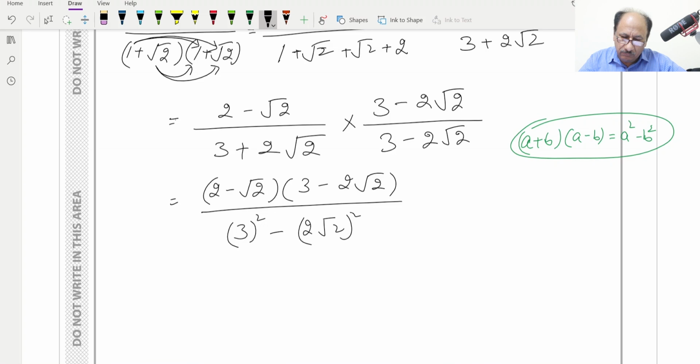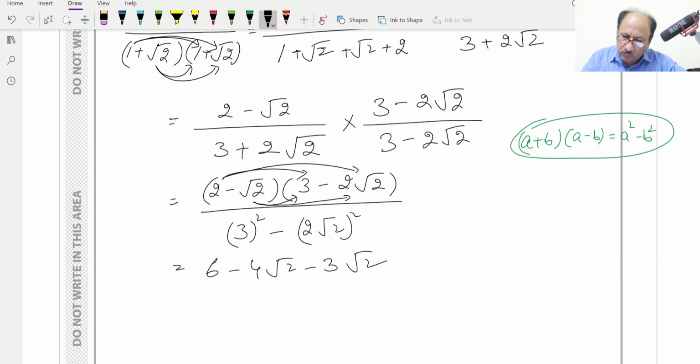Now we can multiply the numerator also. 2 multiplied by 3 will be 6, and 2 multiplied by this will be minus 4 under root 2. Then under root 2 multiplied by 3 will be minus 3 under root 2, and under root 2 multiplied by minus 2 under root 2 will be plus 2 under root 2 squared, which will be 2, in brackets.